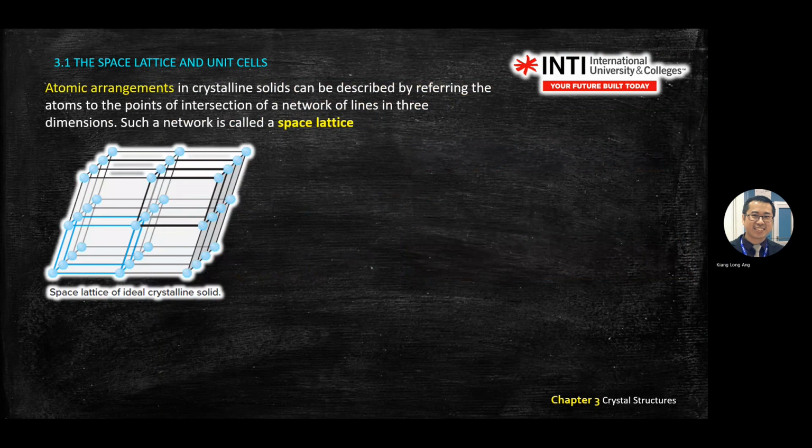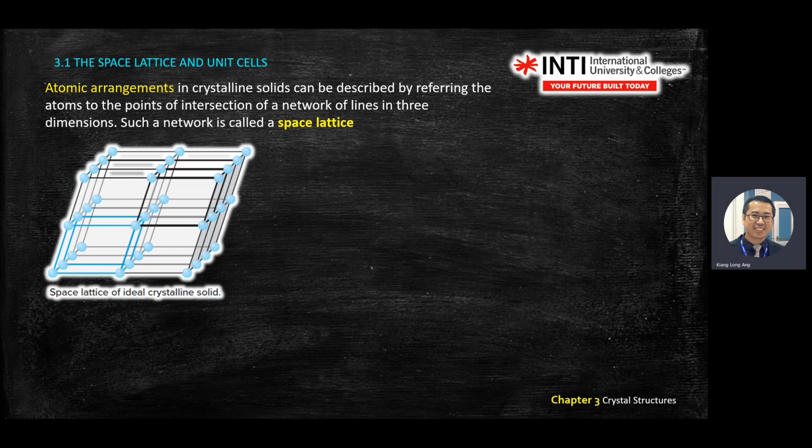The first technical drawing or sketch is called a lattice or space lattice. It's like a template when you want to do analysis for material. This is an example of a space lattice.